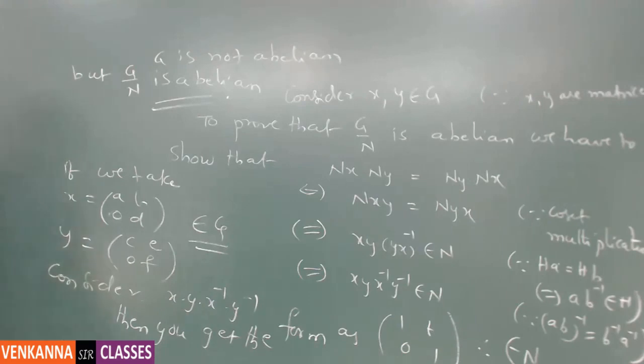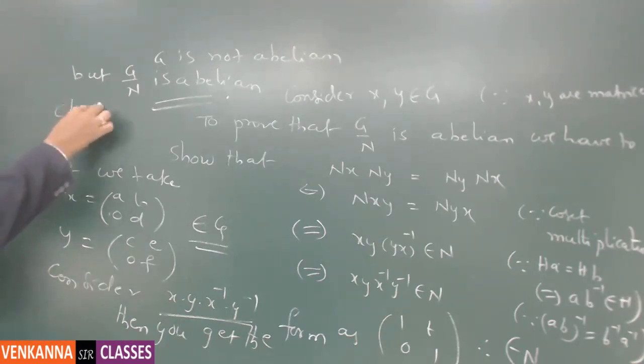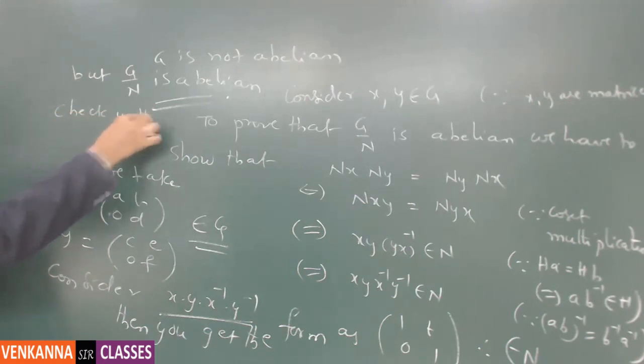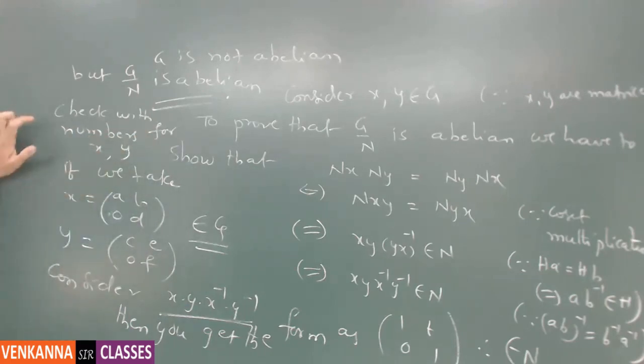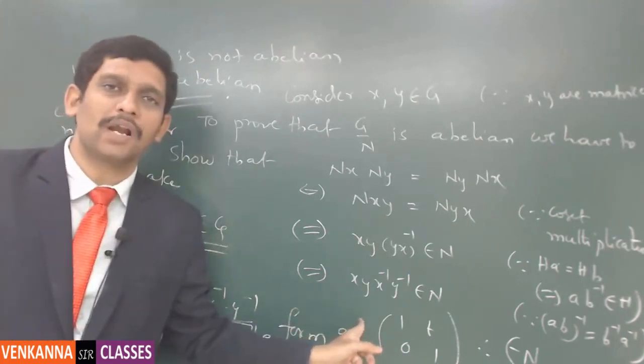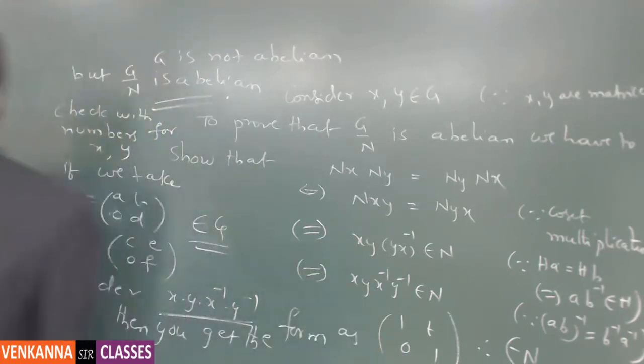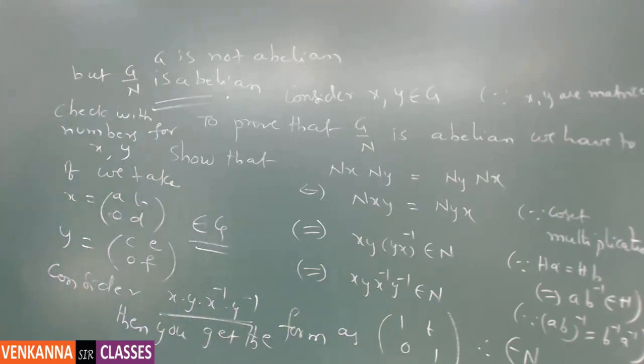Are you able to consider this form by calculating yourself? You can check with numbers for x and y. Are you getting this type of form or not? You please confirm. Okay? You just do it now.